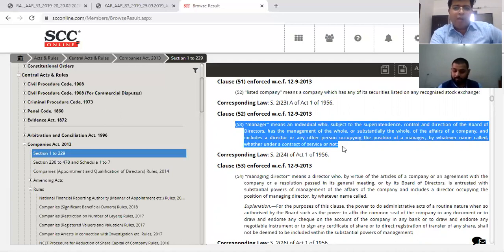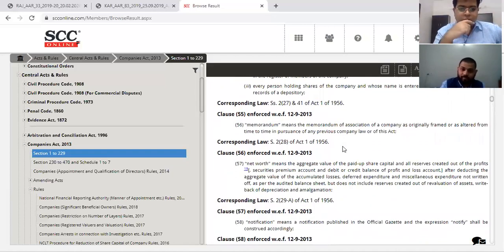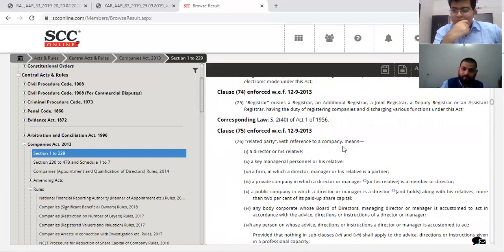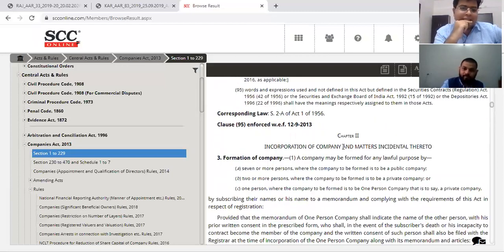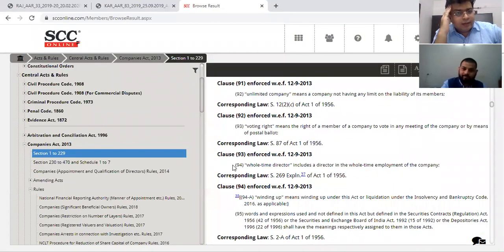Now, there's one very important point that we need to note. If we refer to the definition of whole-time director under Section 2, Clause 94, whole-time director is defined as includes a director in the whole-time employment of the company.